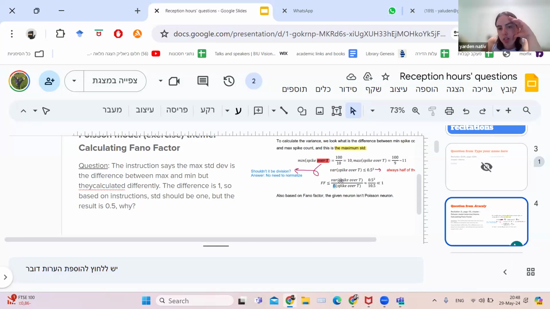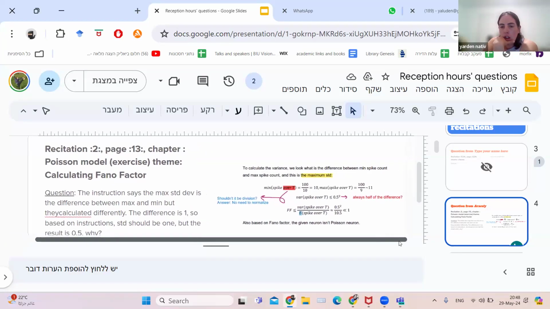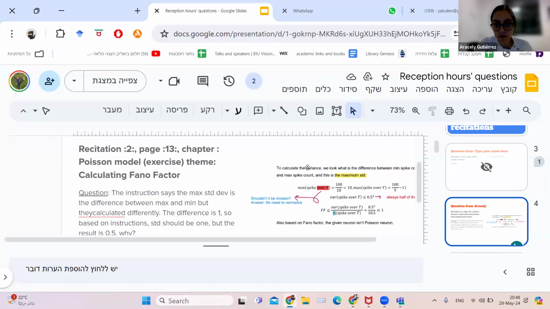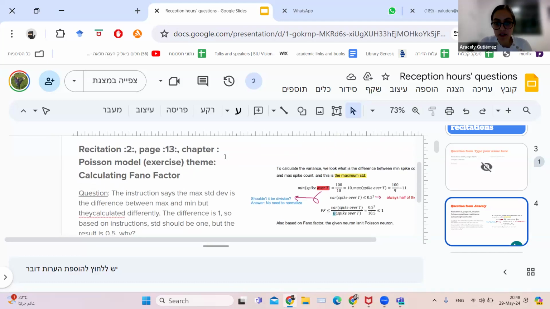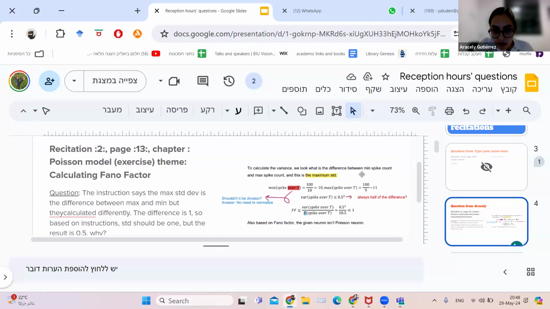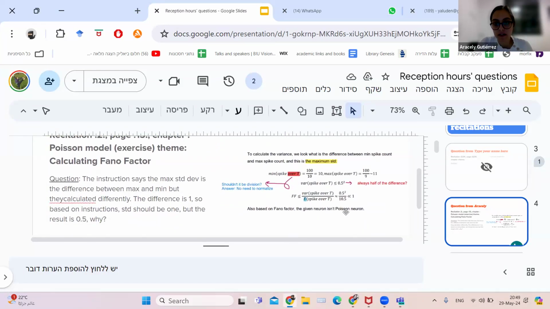Okay, Araceli, tell me if I didn't fully understand the question. If you read the first sentence in the image, it says to calculate the variance, we look at the difference between mean spike count and max spike count, and this is the maximum standard deviation.